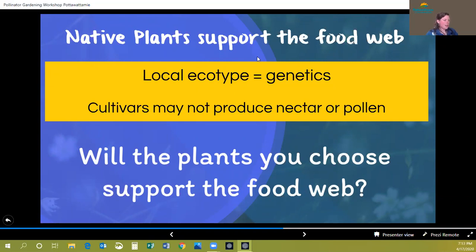Native plants tend to need less babying. They have evolved to be in our climate, so they're usually drought tolerant if they're plants that like the sun. They can cope with the diseases that we have around here if they're native diseases.